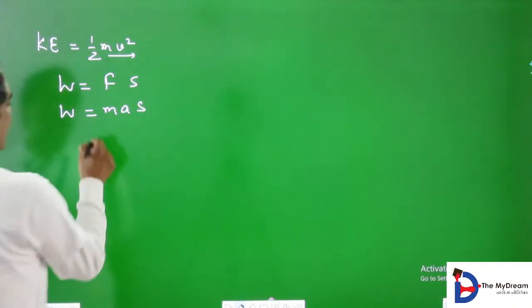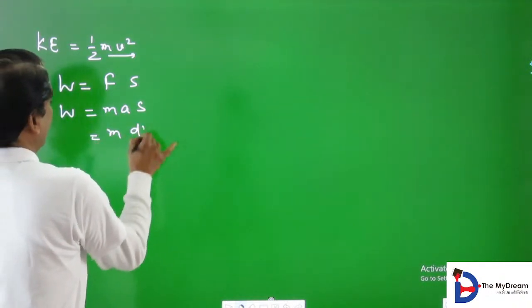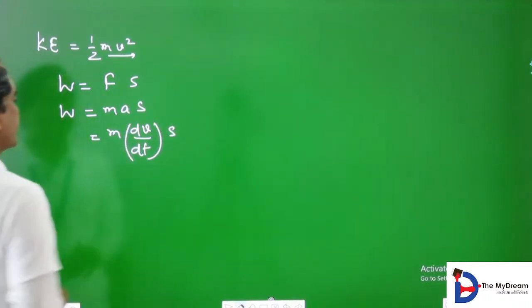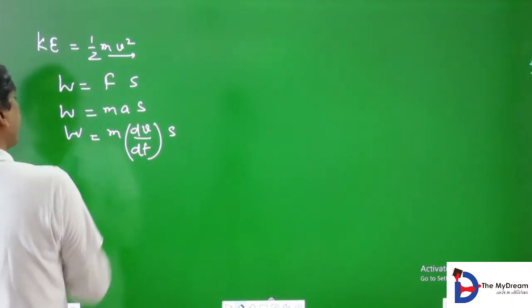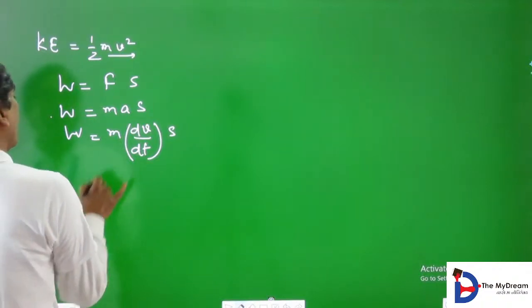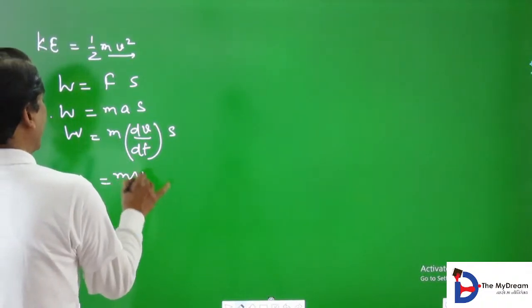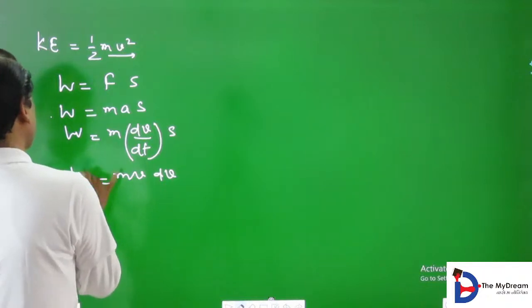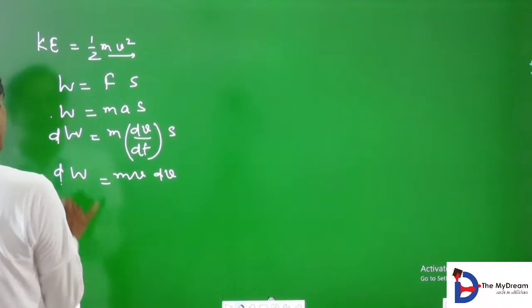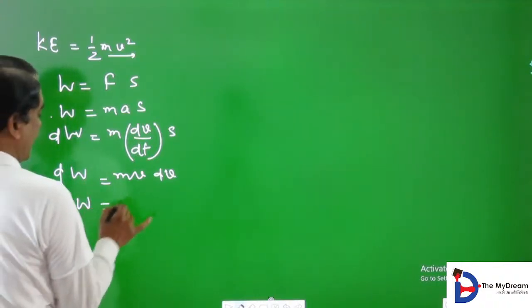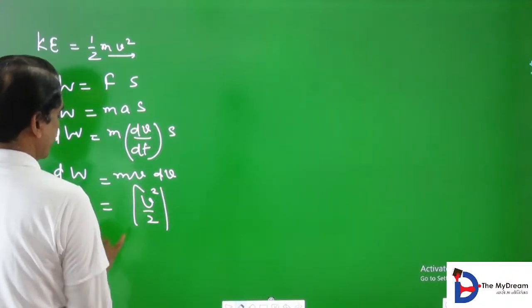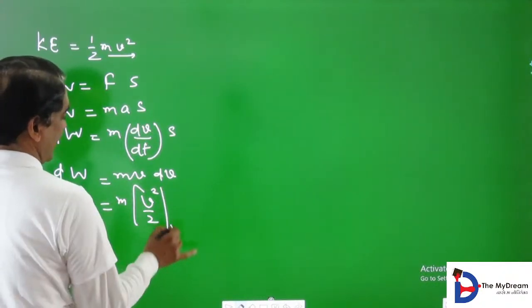In place of acceleration, you can write dv by dt, and that is mv dv. If you integrate like this, it will become v squared by 2, from v1 to v2.